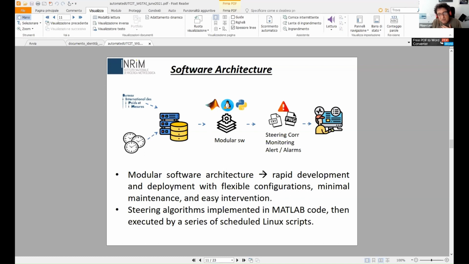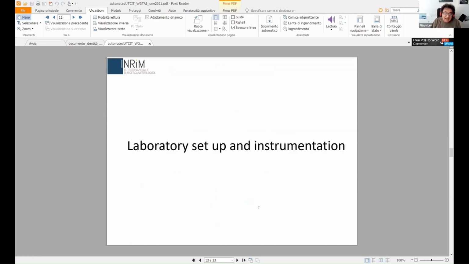This allows for faster development and is deployable with a flexible configuration, and it is much easier to replace and substitute part of the software if needed. The algorithms are implemented in a scientific program, MATLAB, and then are executed with Linux scripts. So let's now come to the laboratory setup and instrumentation.